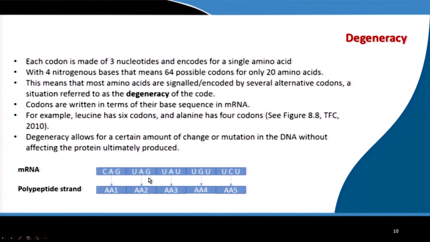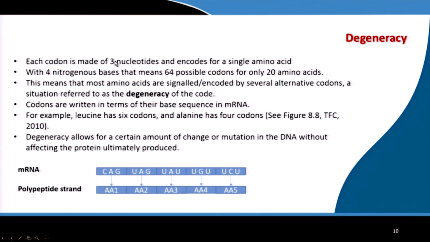If we look at this rough sketch over here, this is an mRNA strand, and each segment is a codon. So these are 3 nucleotides in sequence. Each of these sets of 3 nucleotides has a specific sequence which encodes a specific amino acid.